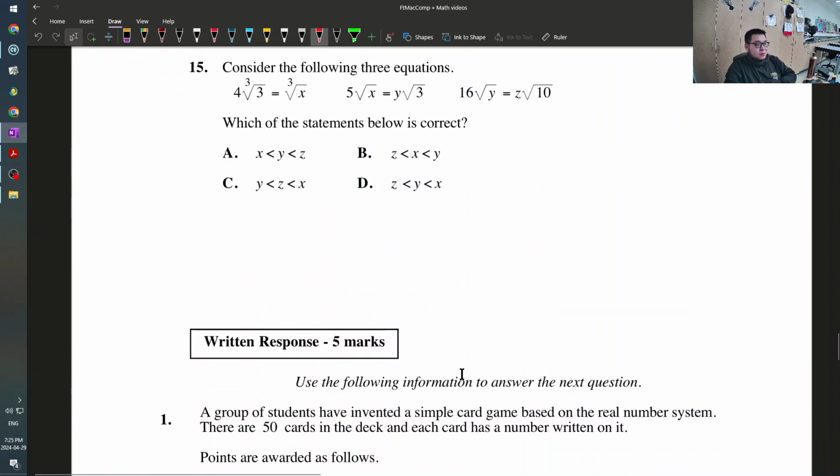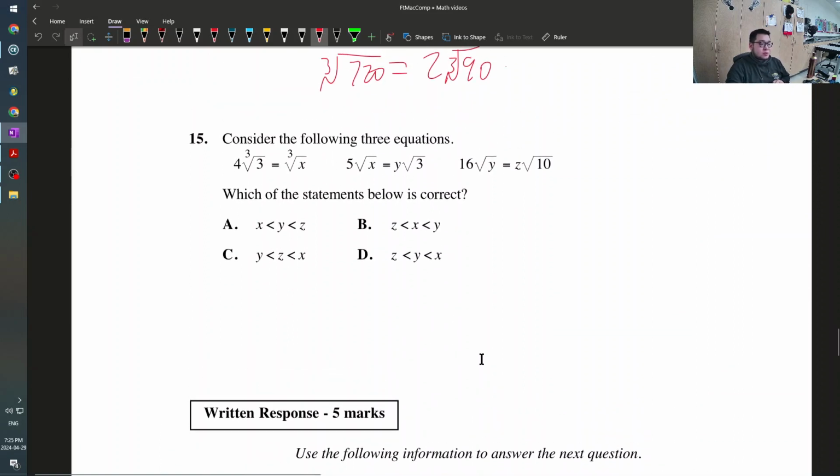15, consider the following 3 expressions. Okay, so 4 times the cube root of 3, they just convert entire to mixed. So this is just the cube root of 4 cubed times 3. What is 4 cubed times 3? 192.